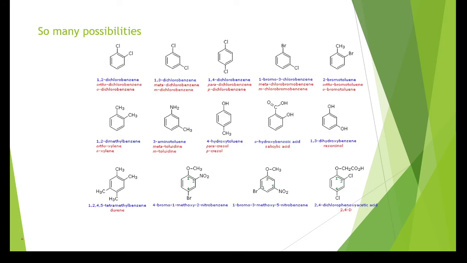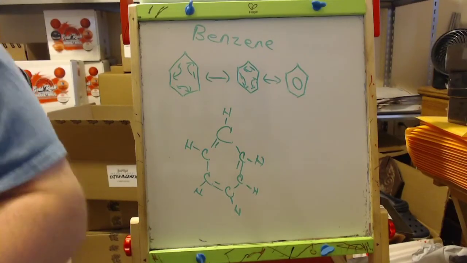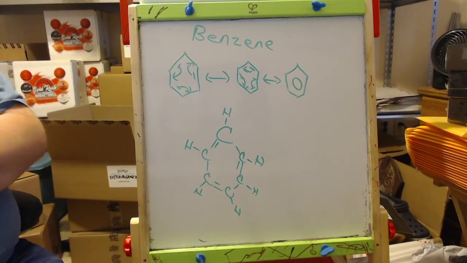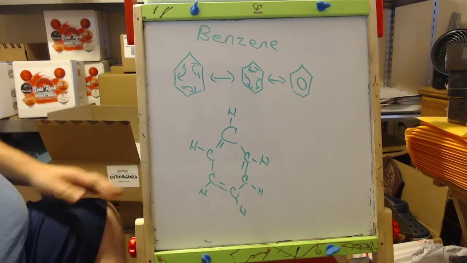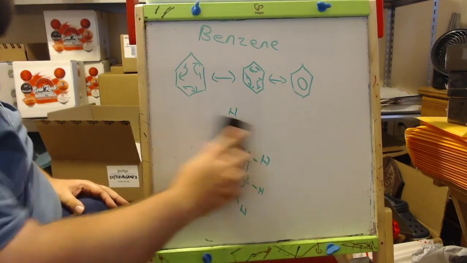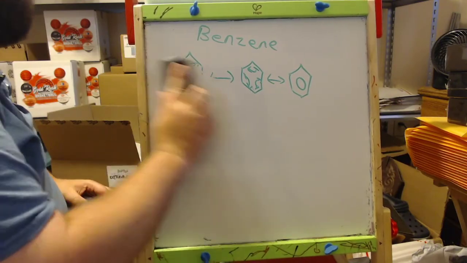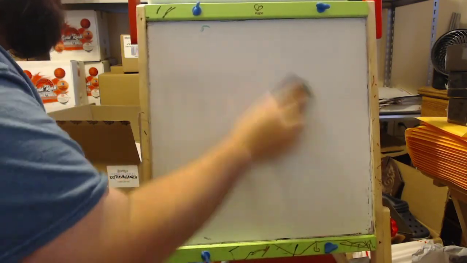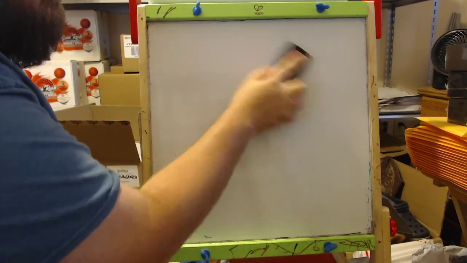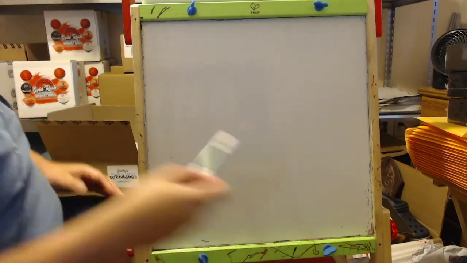Now comes the fun. Okay, and the slide's a little small on this, so I'm going to show you on the board. Okay. There's a few ways to name di-substituted benzene rings.